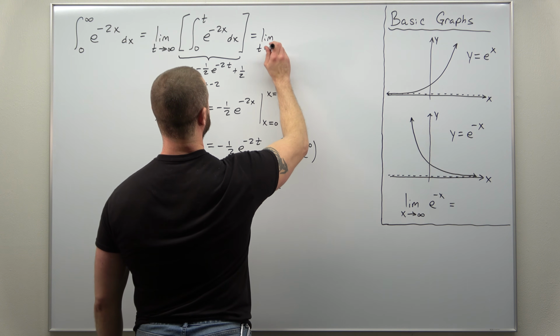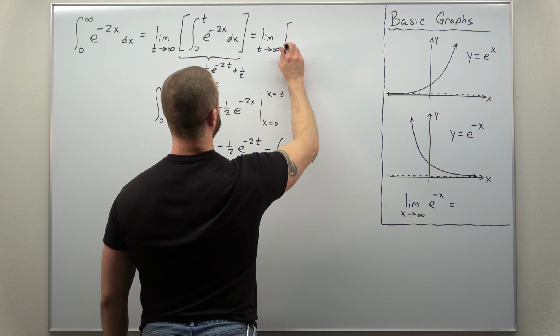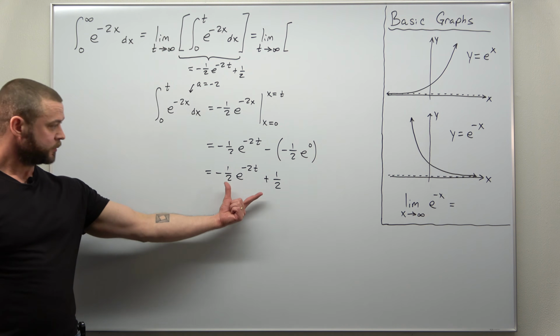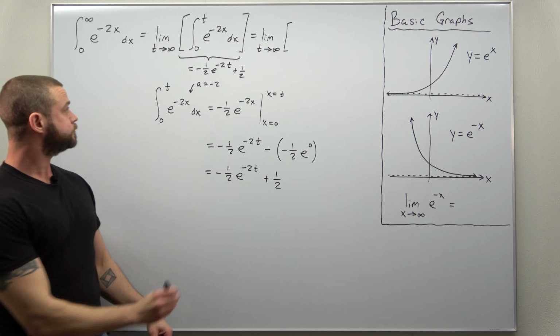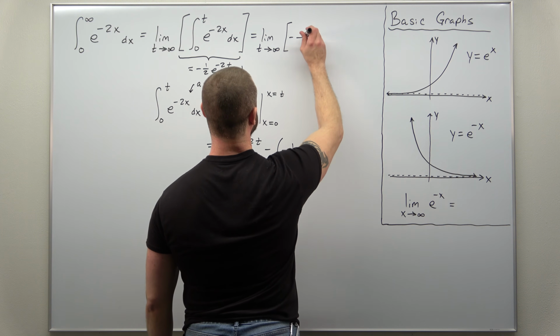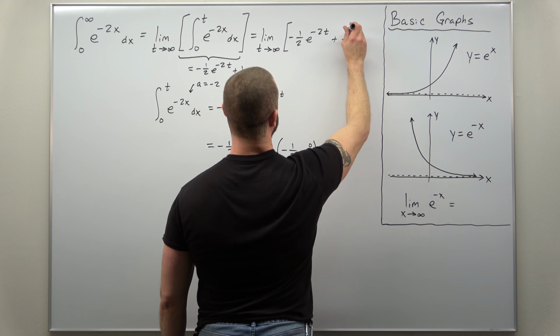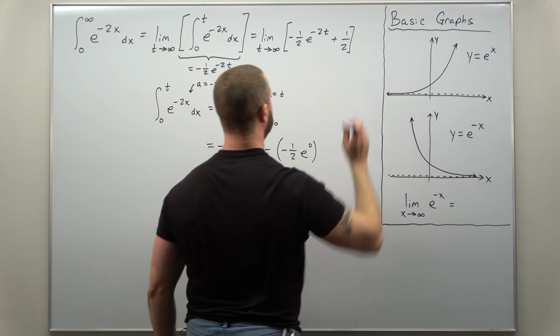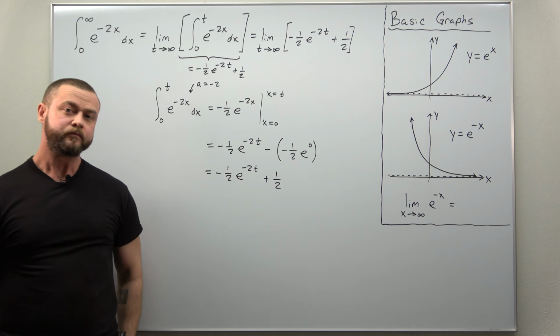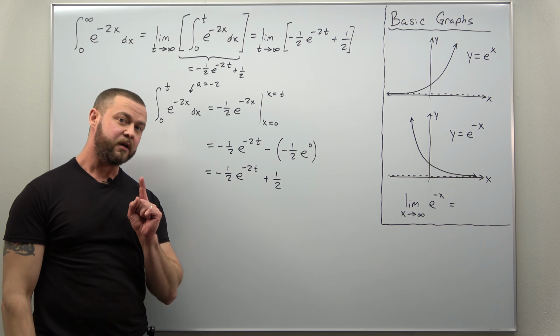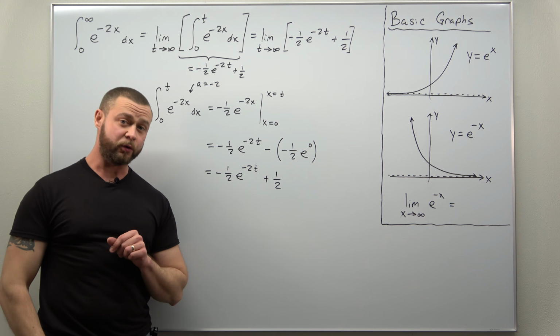So I always like to write this out. What we're taking the limit of was the value of our integral, negative 1/2 e to the negative 2t plus 1/2.